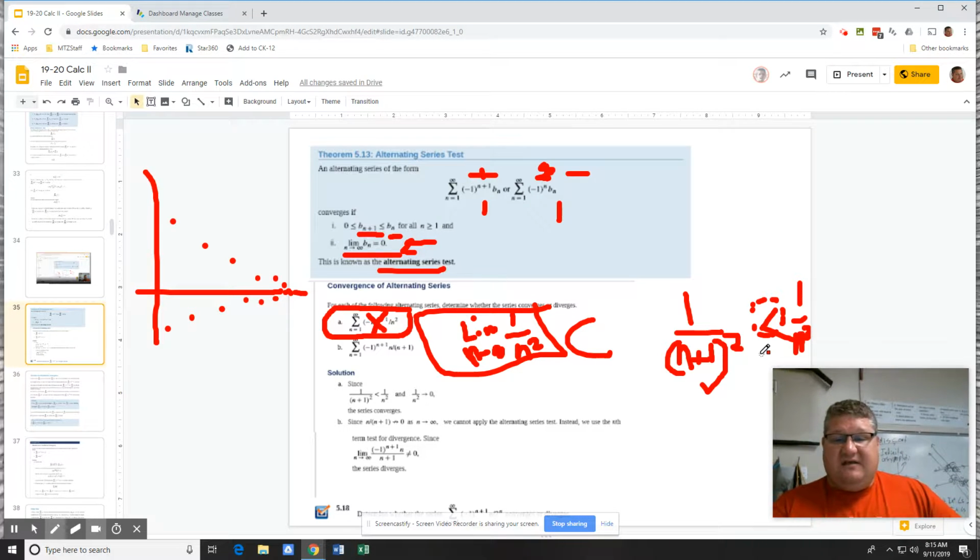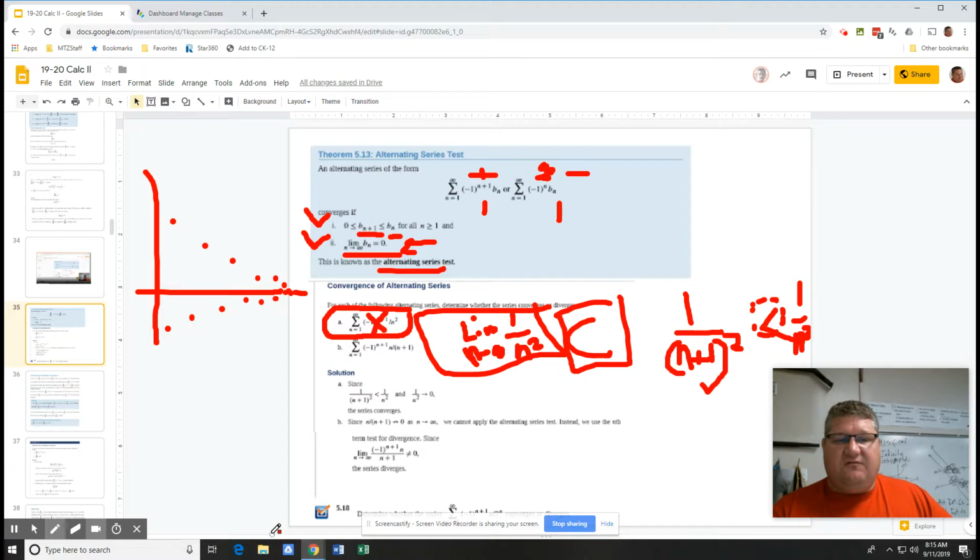Now, second, if I take the limit of this function right here, just the part without the plus or minus 1, does this go to 0? Yes, this is a guaranteed converge. So does it get smaller each time? Yes. Does the limit itself go to 0 to converge? Yes. So therefore, the series itself must converge.